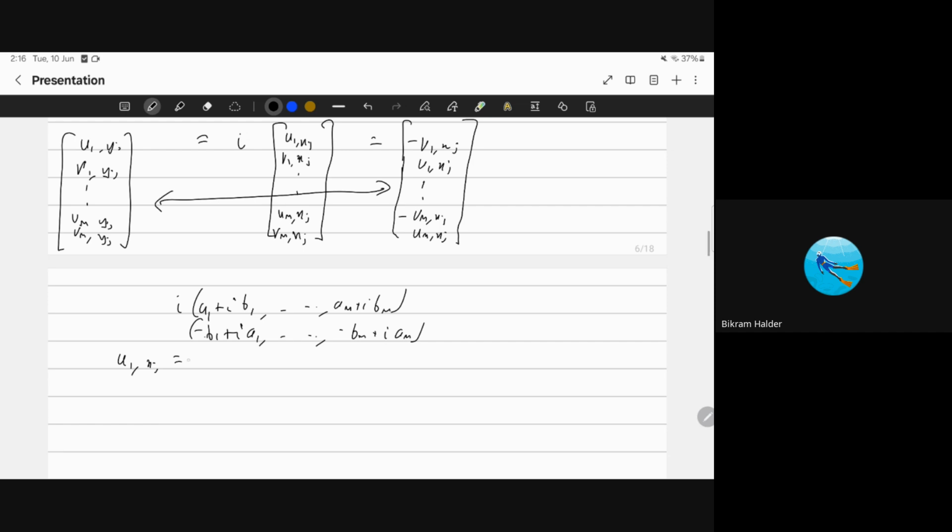So we have u1 xj equal to v1 yj, or in general uk xj equal to vk yj, and uk yj equal to minus vk xj, right?